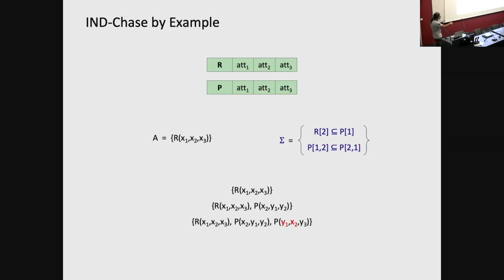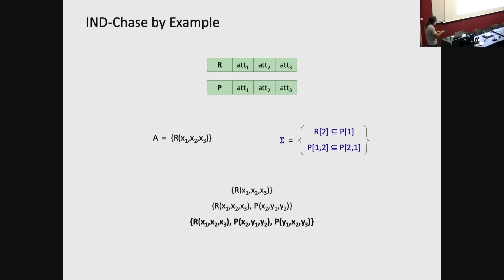It will add another atom by just changing the order of these two guys. This is what the inclusion dependency tells us. And y3 is again a new variable that the chase will plug there because we have to put something there. We don't know what this value is, it's just a fresh value. And in this simple example, the chase will stop here because there is nothing else to do. Okay.